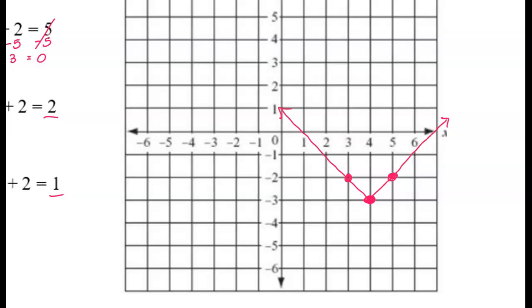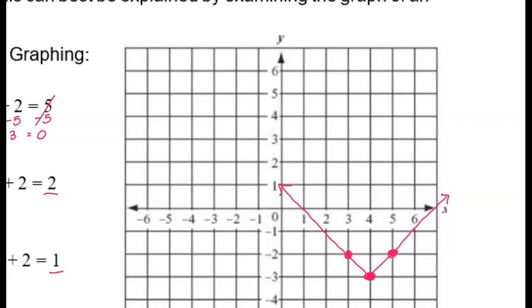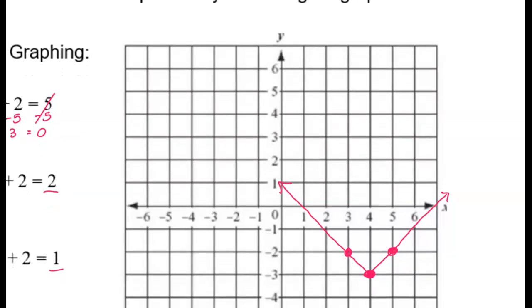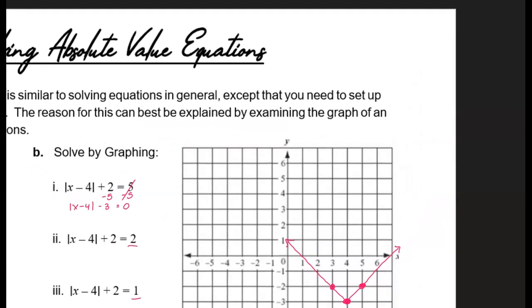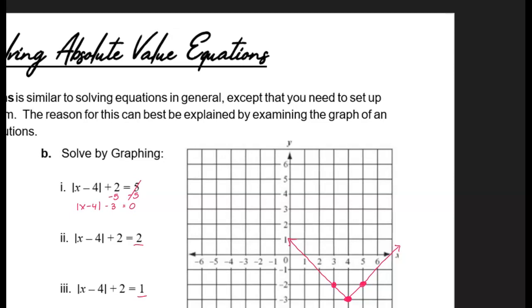Now, on this graph, the purpose of us putting this on paper was to find the solutions. Do you guys remember when we're dealing with algebra, what another word for a solution to an equation is? There are 4 of them that all mean the same thing. Solution is 1.